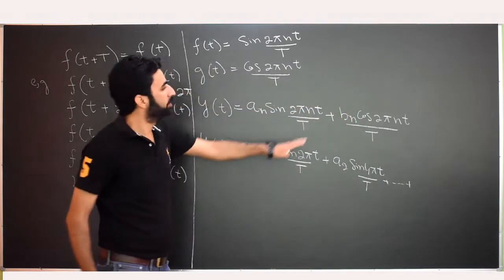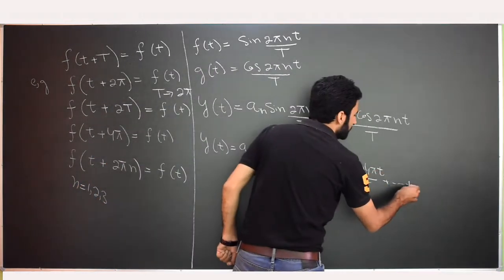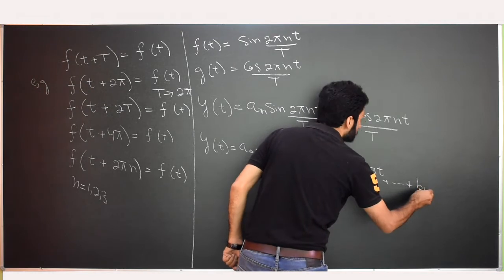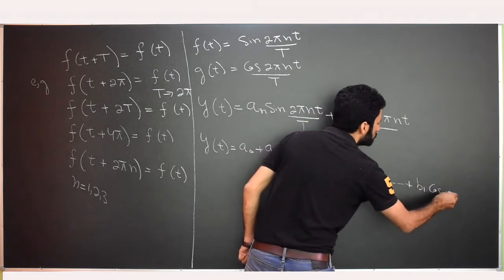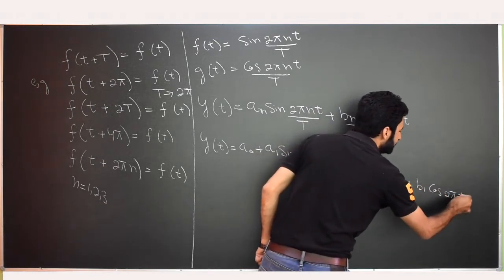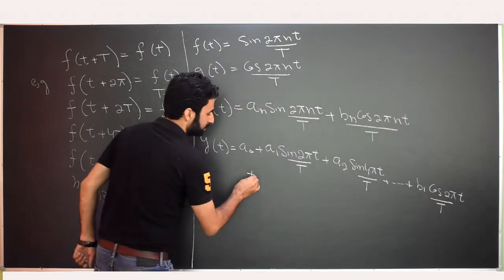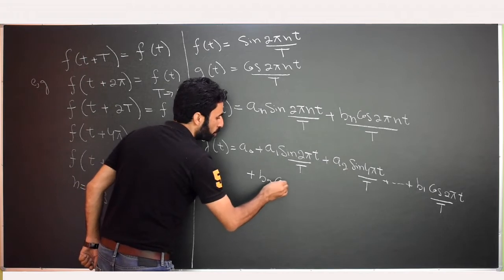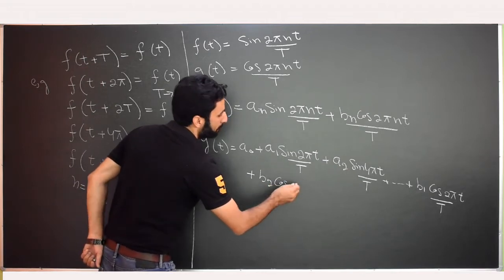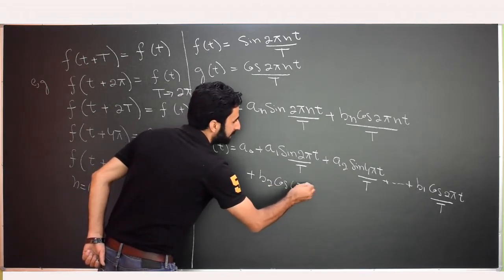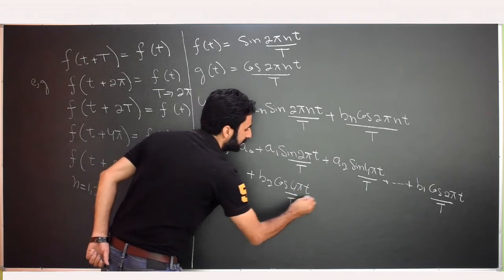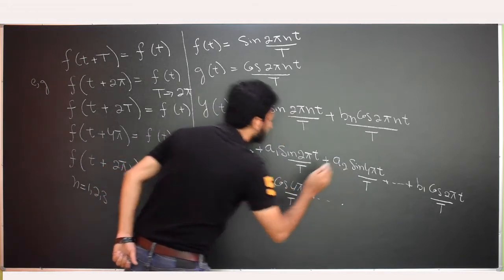Then start giving values to b: it will be b1 cos of 2 pi t by capital T plus b2 cos of 4 pi t upon capital T, and it will continue.